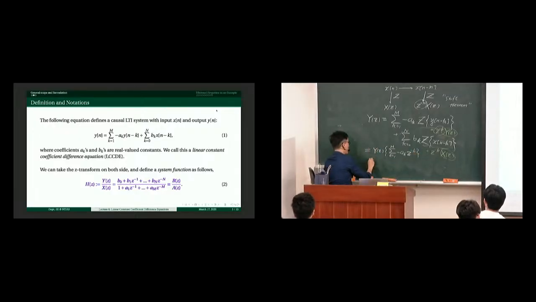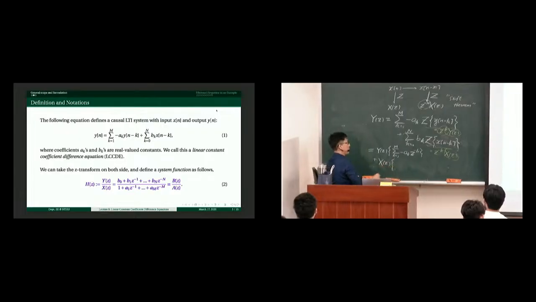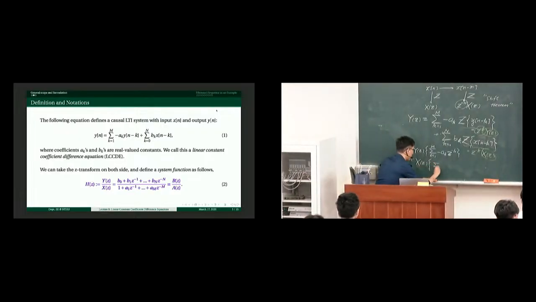And similarly, the next term, X(z) outside, and in here we have the summation k from 0 to big N of b_k, which is a constant, z to the minus k is still there.